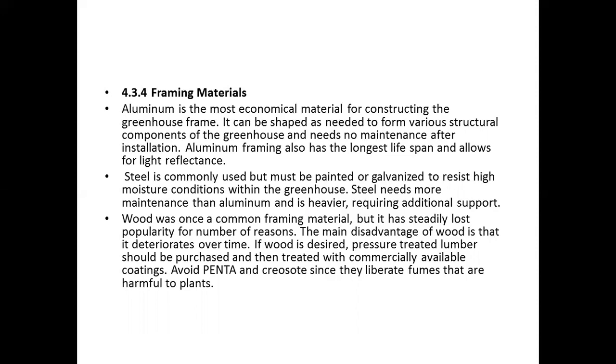So here framing material means the structural material which is used for galvanizing or for reflecting the solar radiation, or which can be used as components of production in the greenhouse, or which influence the yield of the crops in the greenhouse.